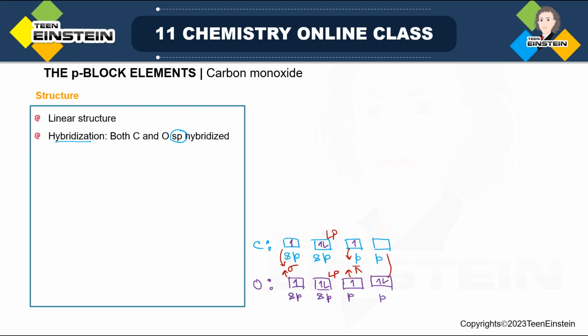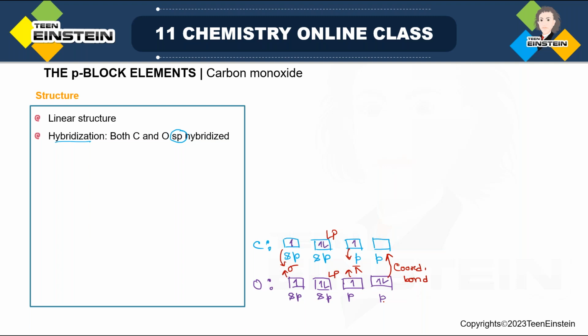Both these electrons will be donated, and this is basically a coordinate bond, where both electrons come from the same element and go towards carbon. These bonds are sometimes denoted by an arrow sign, so the arrow will be from oxygen towards carbon. Once the electrons are donated from oxygen to carbon, they behave as if it is a covalent bond. That is the feature of a coordinate bond.